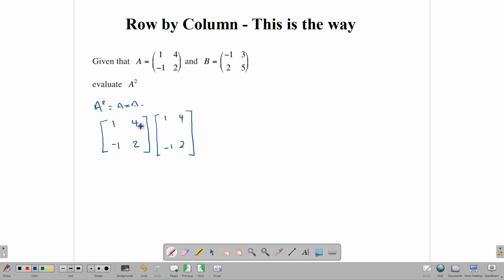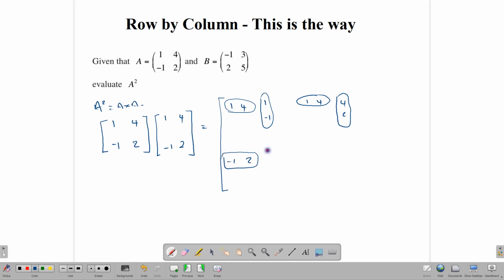So we're going to take this row and multiply this column. So 1, 4 multiplies 1, -1. Then 1, 4 multiplies 4, 2. Then we go to the second row, -1, 2, which multiplies 1, -1.